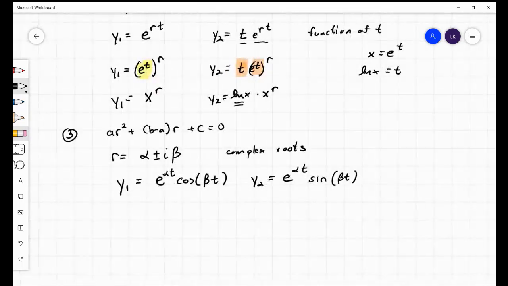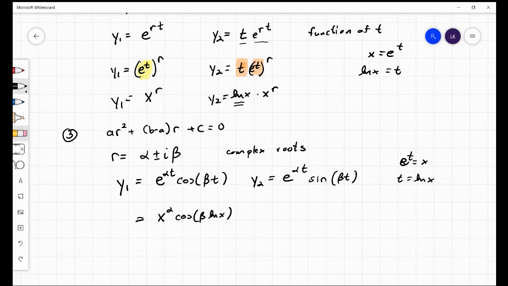But here again, y1 and y2 are functions of t, and we would like to express these as functions of x instead. So remember that e to the t is x, and t is equivalently log x. So e to the alpha t becomes x to the alpha, and t is replaced with natural log of x. So that's where that strange thing came from: you get cosine and sine of log x, because it's really sine and cosine of beta t, but t is equal to log x.